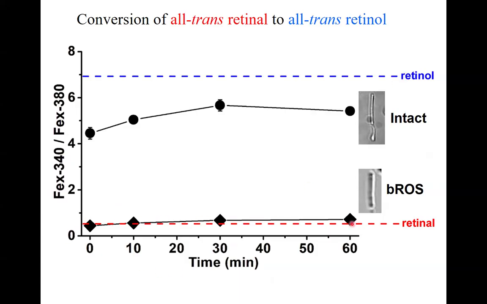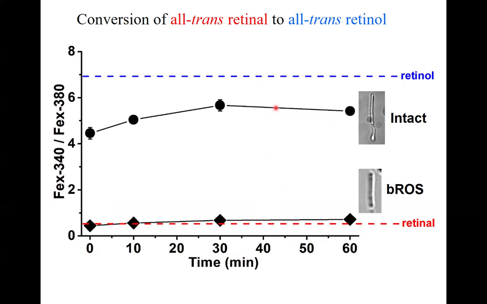This is the ratio for retinal. So this is going to be the max, this is going to be the minimum. And you can see that the broken off outer segment is basically retinal. We cannot distinguish it from retinal. So what is released is retinal and it stays retinal. In the intact situation, we are getting close to retinol, not fully, but there is plenty of conversion to retinol.